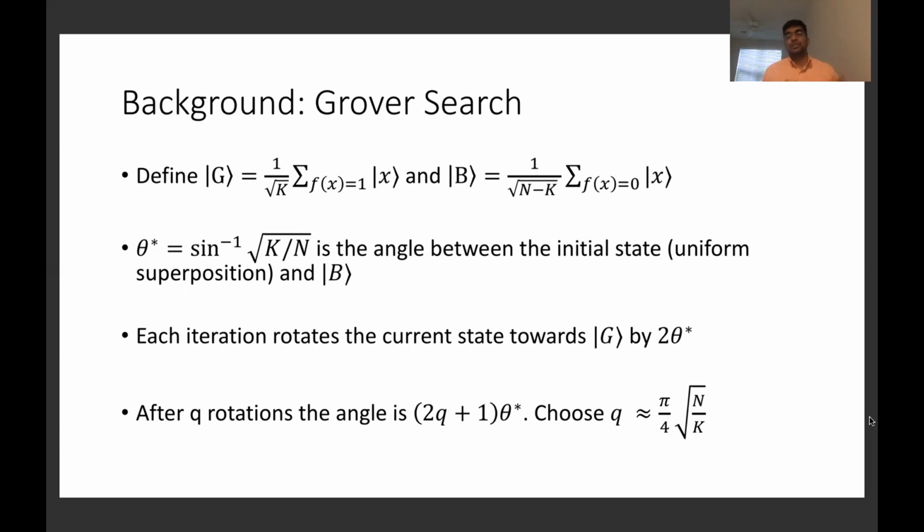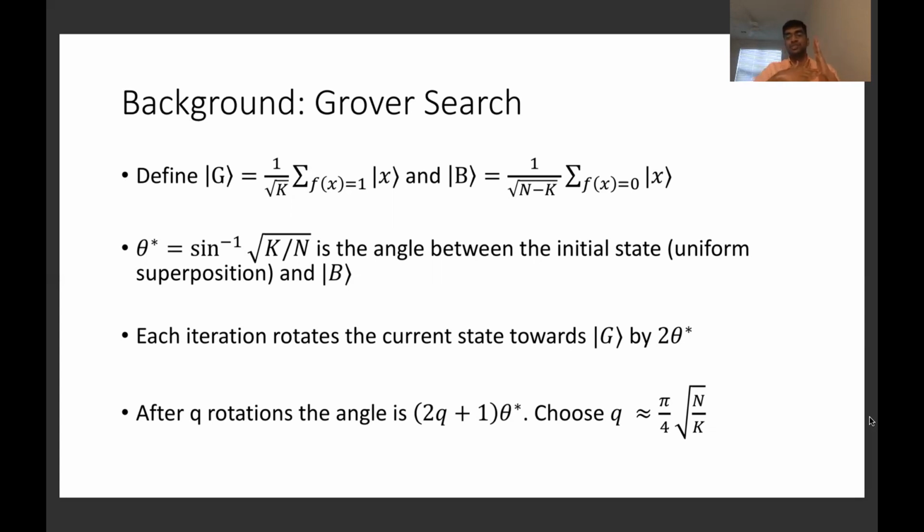So G will be the uniform superposition, but restricted to those inputs for which the function gives 1 and renormalized accordingly. And B, the bad state, will be the corresponding thing, but for those inputs where the function gives 0. So notice that the uniform superposition is in the plane spanned by the G and B vectors originally, and these vectors are originally orthonormal.